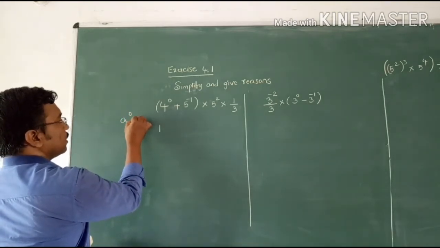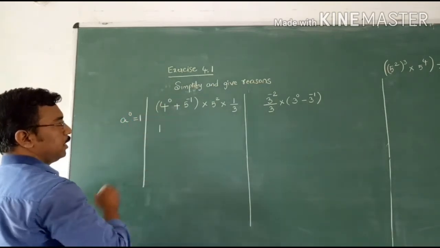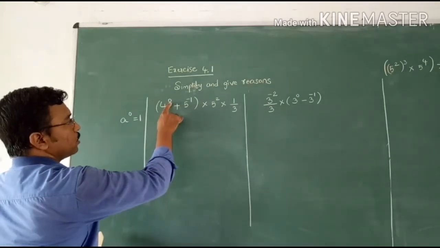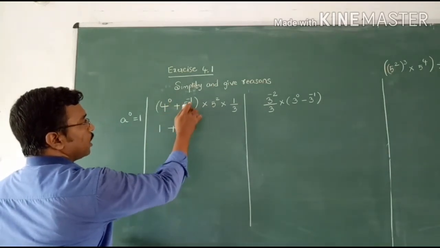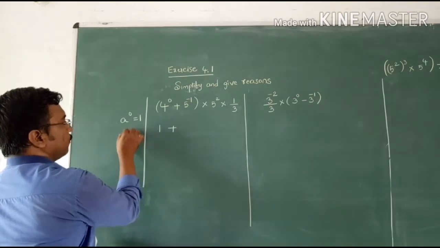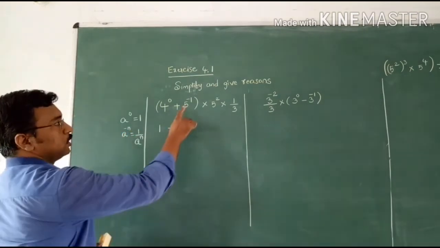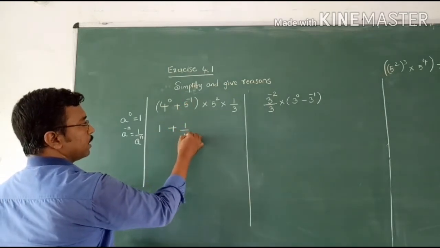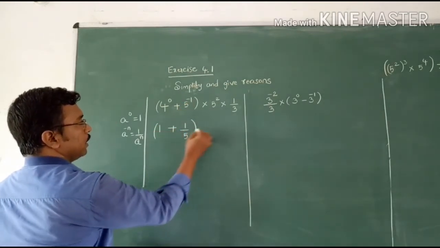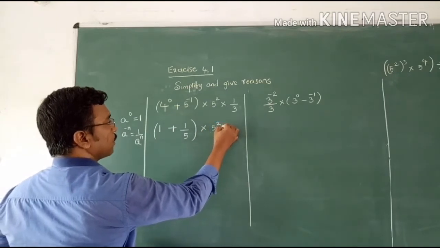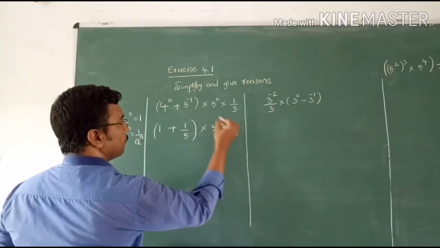That is, a power 0 is equal to 1. We already learned. So 4 power 0 is 1. This 5 power minus 1, a power minus n can be written as 1 by a power n. So this 5 power minus 1 can be written as 1 by 5, into 5 square, into 1 by 3.